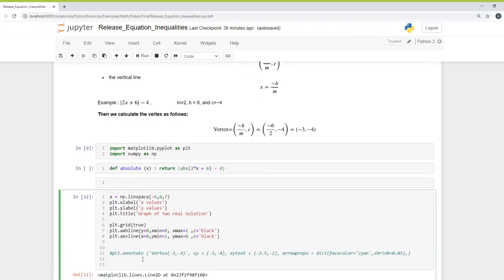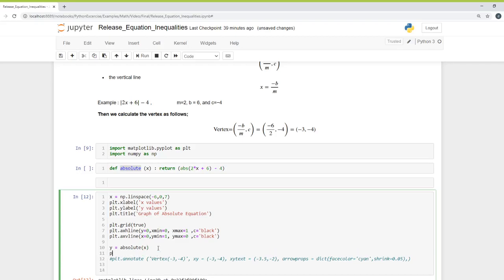Plot x label, y label, title. Our title is graph of absolute equation. Grid true, ax line, v line. The value of y is found by passing the values of x to this function, that is from minus 6 to 0, 7 values, and we will return y.